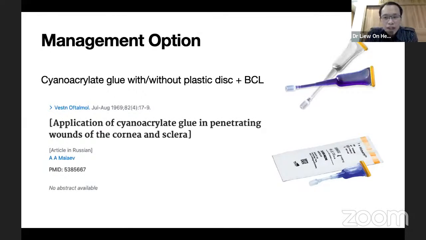Cyanoacrylate glue is the earliest, easiest and most readily available technique that we use for corneal perforation. It was published in 1969 that cyanoacrylate glue was used in penetrating wounds of the cornea and sclera, but the article was in Russian, about 50 years back.